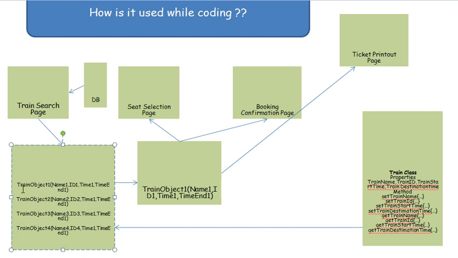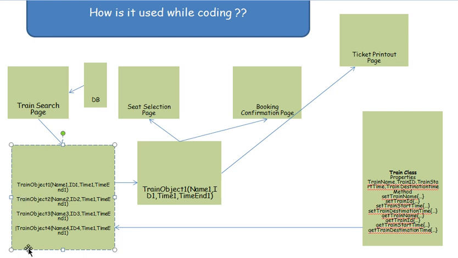It creates an object with that detail. In the second row, which says train express ABC, ID 345, and some time, the code creates another object with that detail, then object 3, and so on.